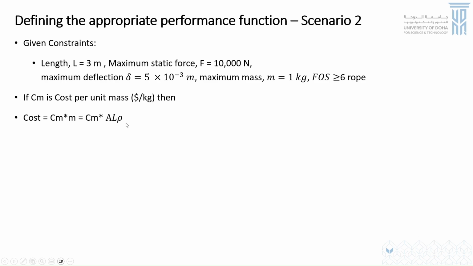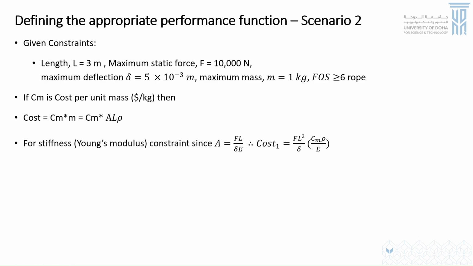So it is A L rho, which is area, length, and density. If we are looking at things from the point of view of the stiffness constraint, or the Young's modulus constraint, we have the basic 1D relationship where delta is equal to FL over AE. Therefore the area will be force times the length over delta, which is the allowable deflection in this case, and the Young's modulus.